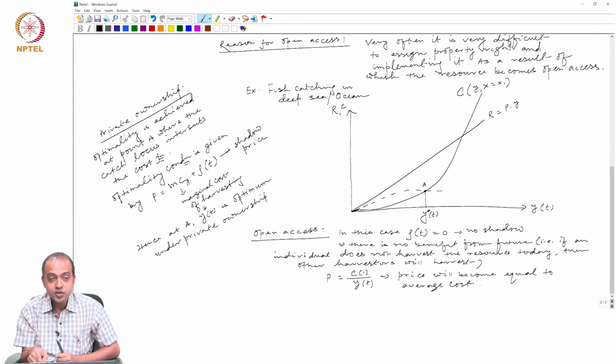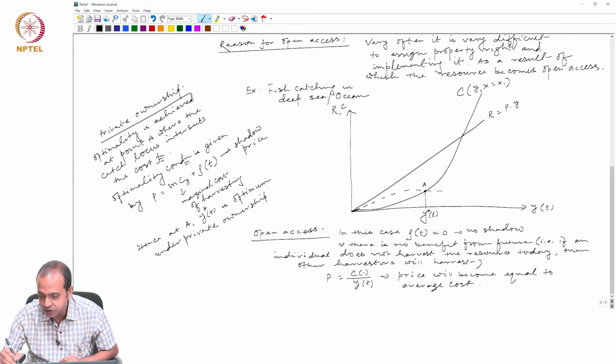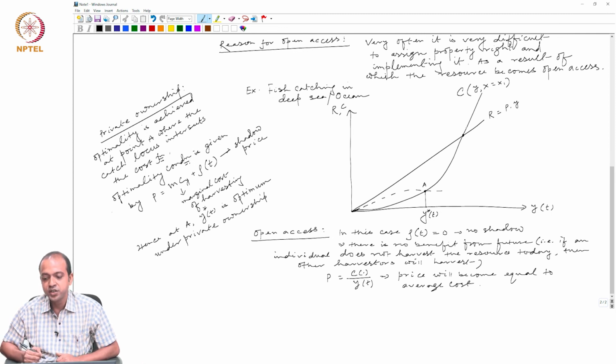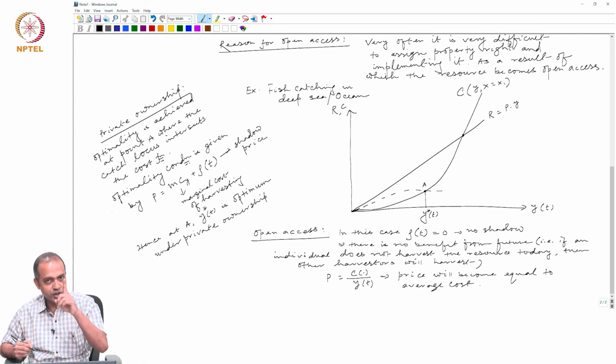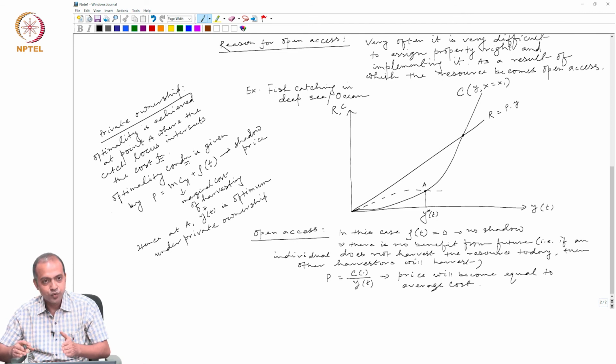Price becomes average cost, and in that average cost pricing, the equilibrium happens at this point where cost equals revenue. It is the same situation as in a perfectly competitive market: because there is a lot of entry in the market, cost of production increases, and here also, when there is a lot of entry into the resource, cost of extraction increases.